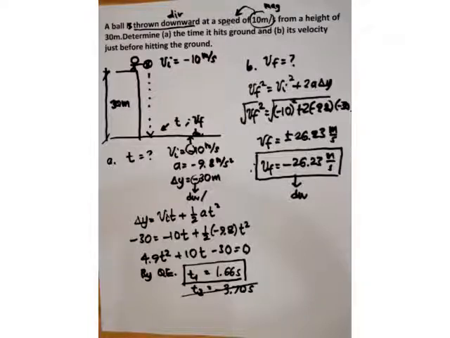Kung 10 meters per second po yung speed, tapos 30 meters yung height, bakit po hindi 3 seconds yung time? Oh, okay. Kasi, we're not talking of average velocity.